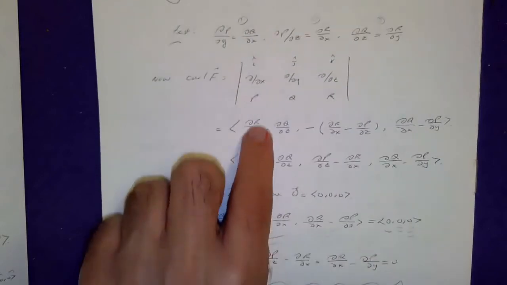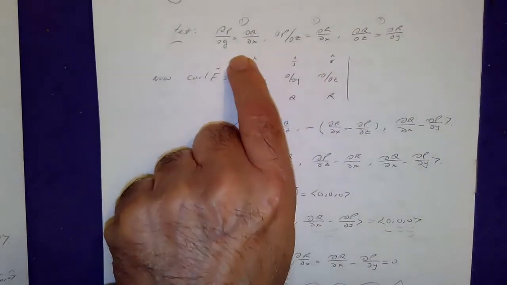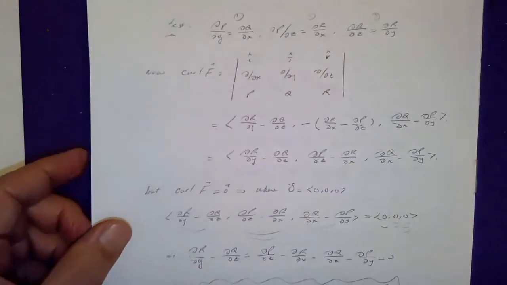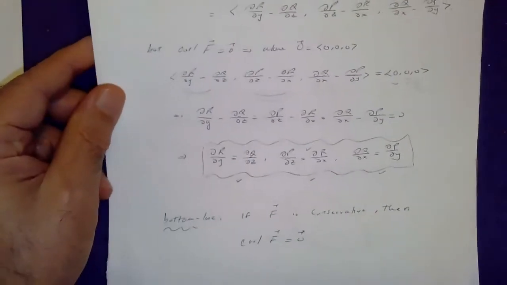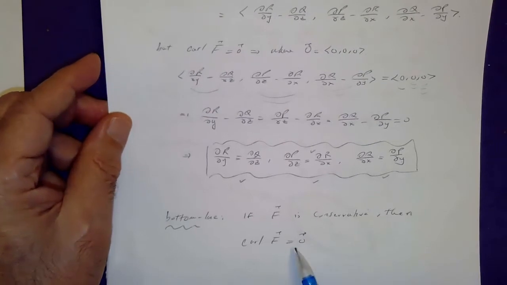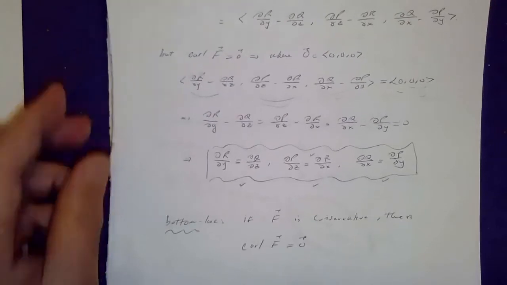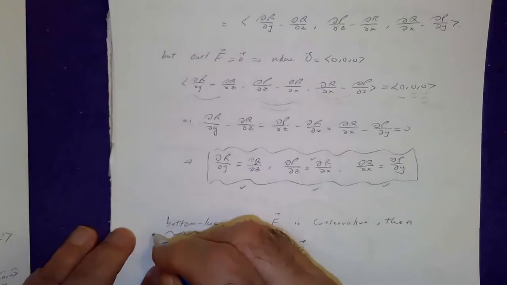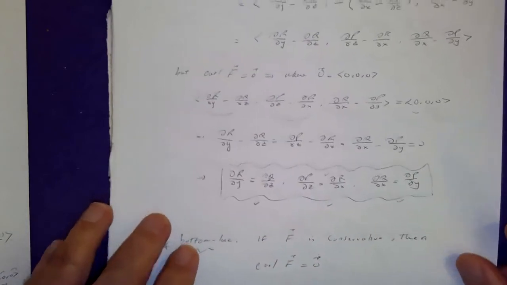That's basically where these equalities of 2 ratios are coming from. So the bottom line is this: if f is conservative, then you can bet your money that the curl of f is the 0 vector. Keep that idea in mind, super important.